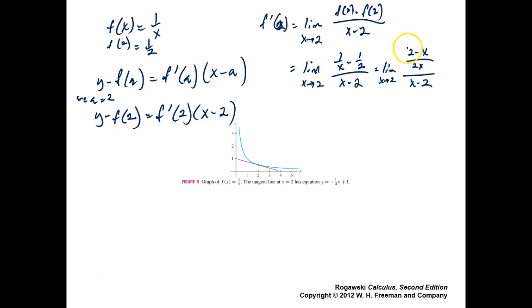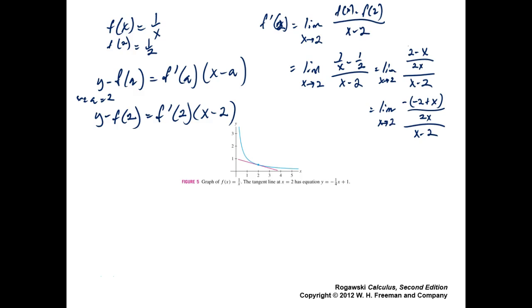What if I factored out a minus sign in that numerator? Factor out a minus sign, and that would leave a minus 2 plus x over 2x over x minus 2. Would you buy that? Did I do everything legally there?